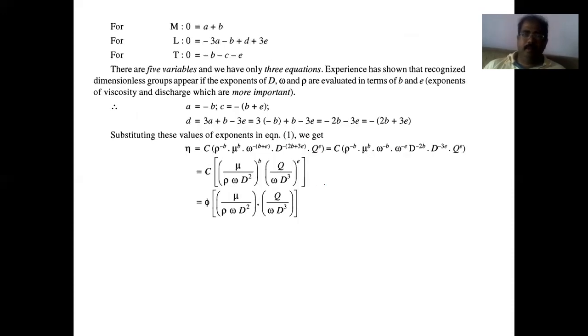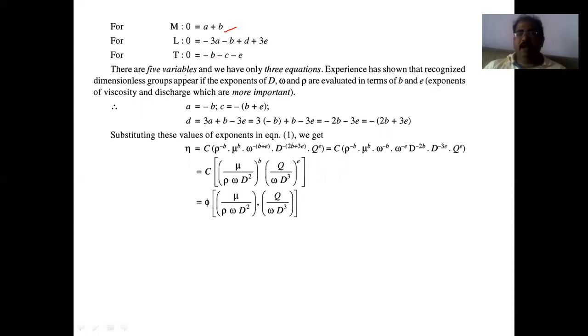So for M, 0 is equal to a plus b. For L, 0 is equal to minus 3a minus b plus d plus 3e, and for T, 0 is equal to minus b minus c minus e.